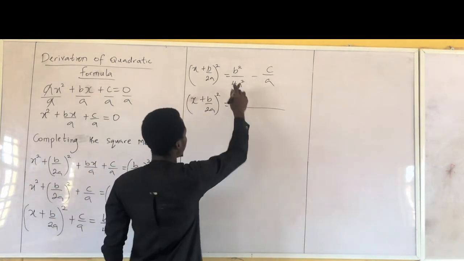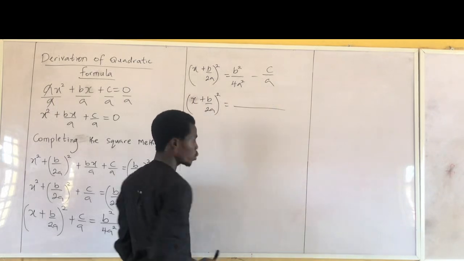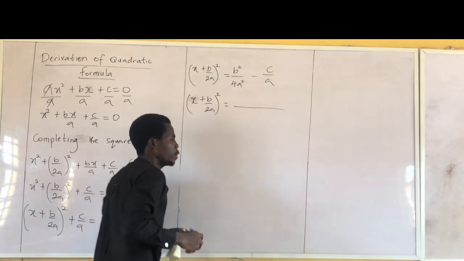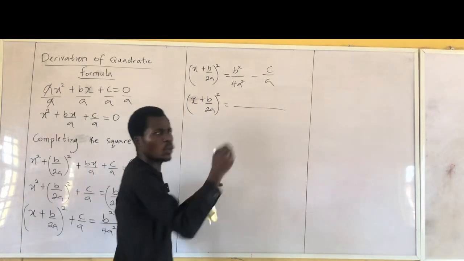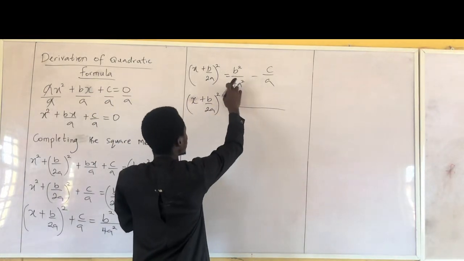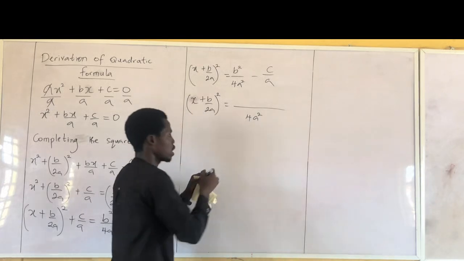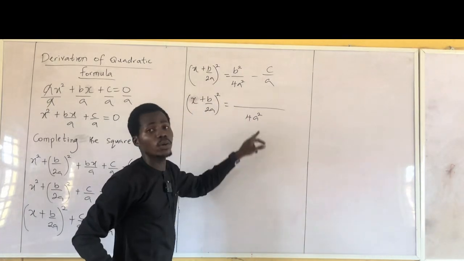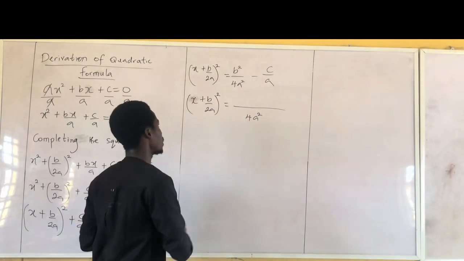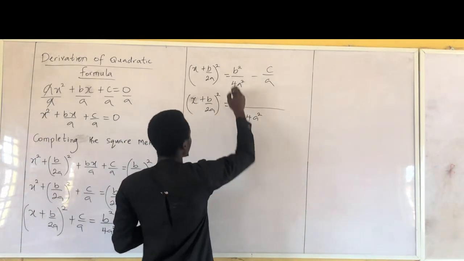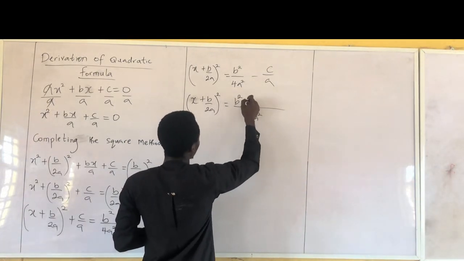What is the LCM here? The LCM of this and this is a number or a number combined with a letter. But in this case, you are going to use 4a squared as your LCM. Since this can go in this and this also can go in this. Are you getting it now? So 4a squared over 4a squared is 1, right? 1 times b squared will give you b squared.